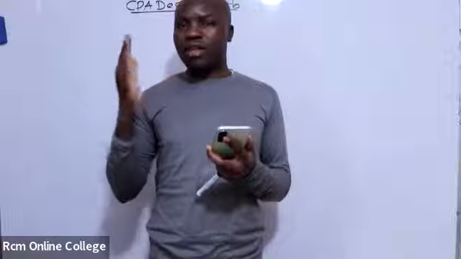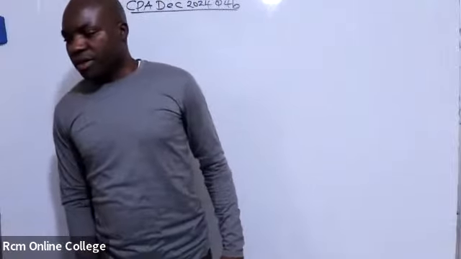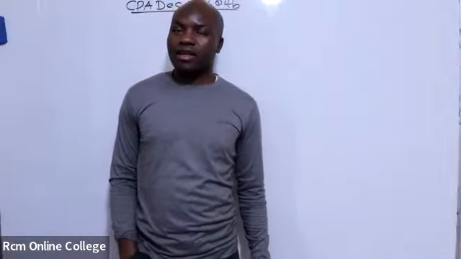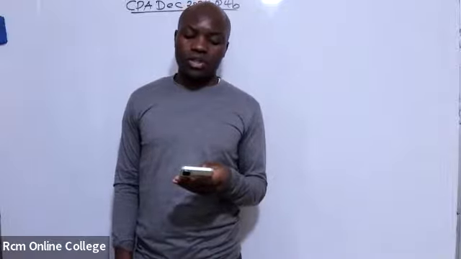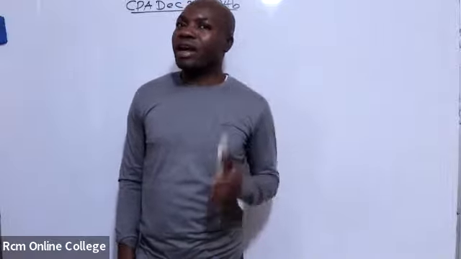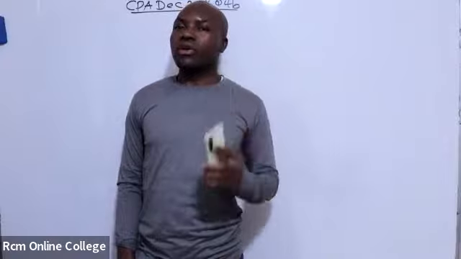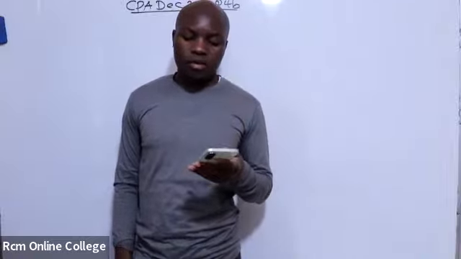Please just do that within 1 minute, then we agree on what to do. Confirm that the debit side and the credit side are adding up to the same amount, because if that has not happened, no matter how accurate you are, the statement of financial position will not balance. So make sure it's balancing from the one go.